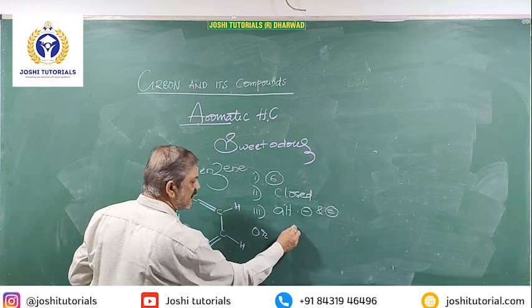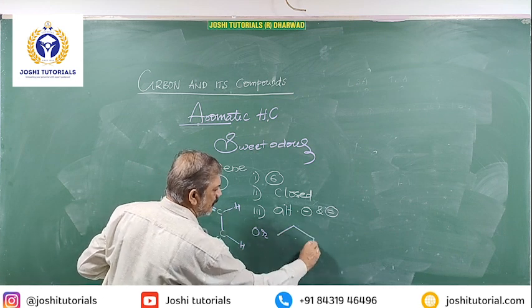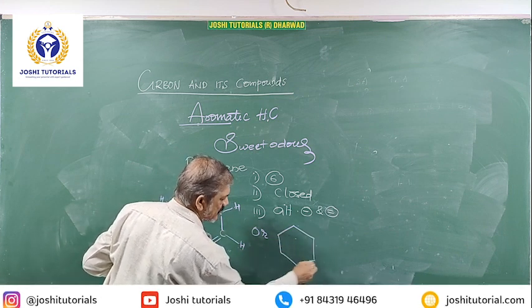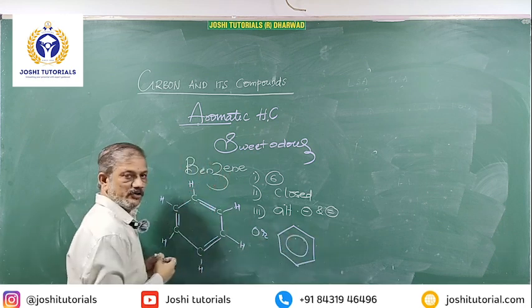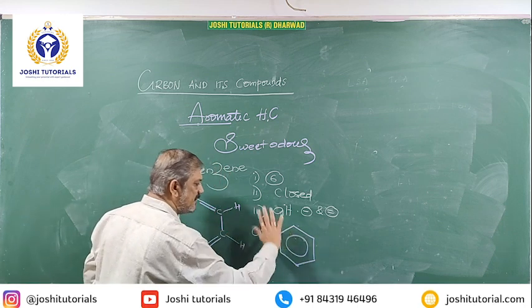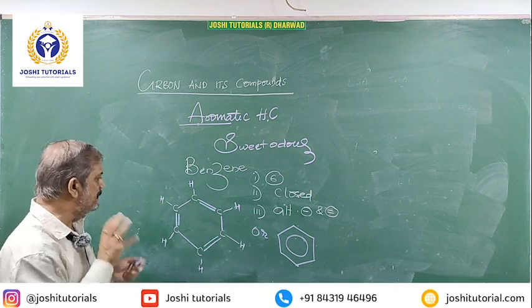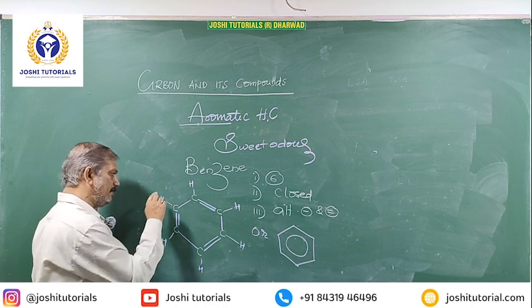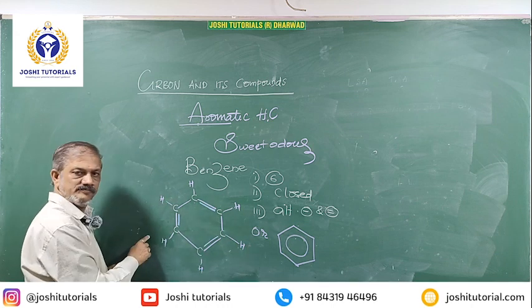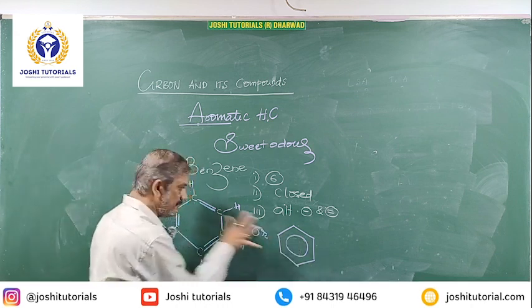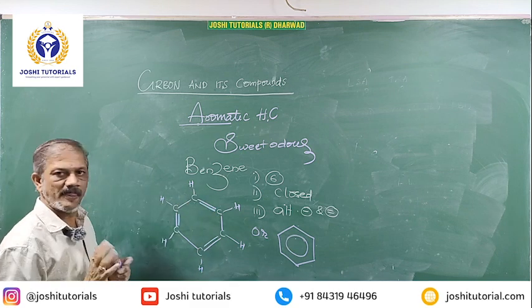Or you can write like this also. Like this, a ring here. Do not write carbon and hydrogen. It is okay. Understood. You can write like this. But better in the exam, you will follow this. It's not wrong. It is right. Better you follow this.